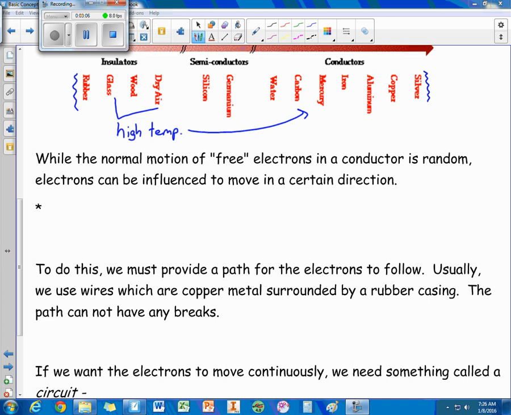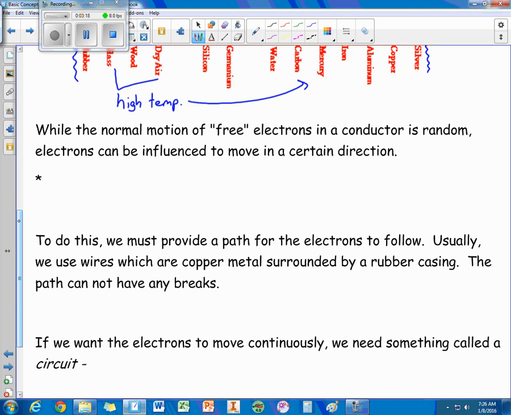Now, while the normal motion of free electrons in a conductor is random, those electrons go anywhere and everywhere, we can influence the electrons to move in a certain direction. So this uniform motion is what we call electricity.